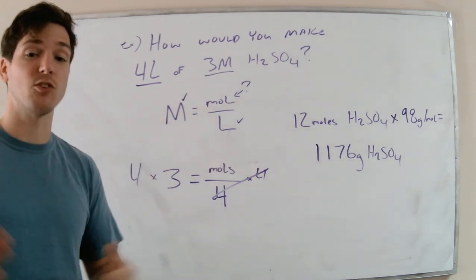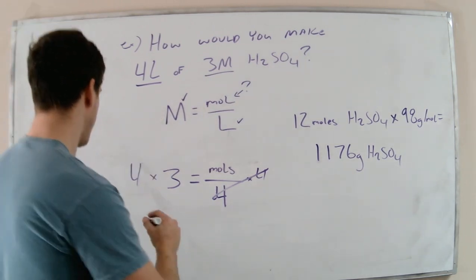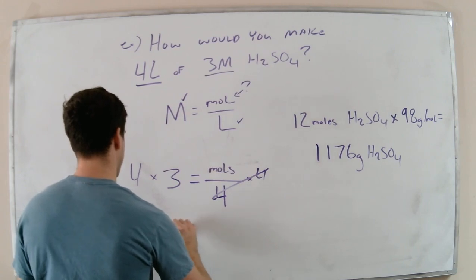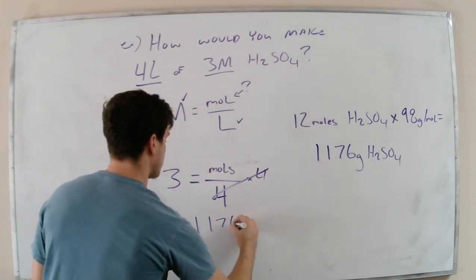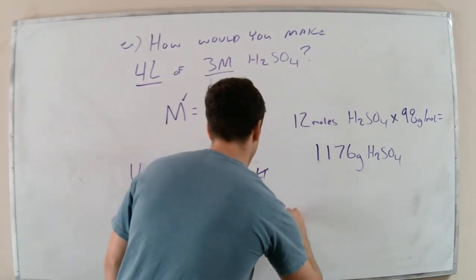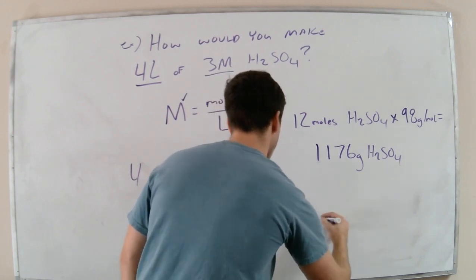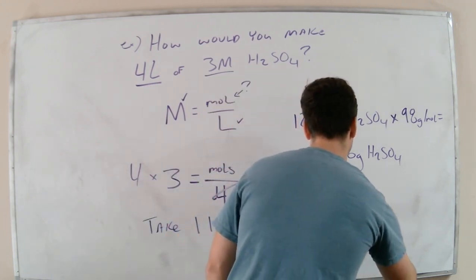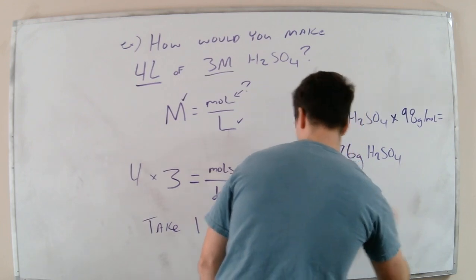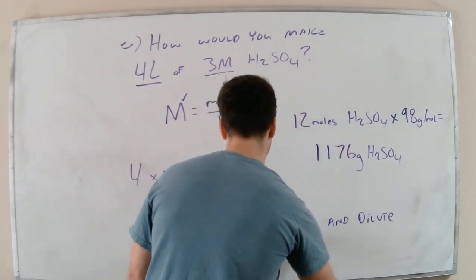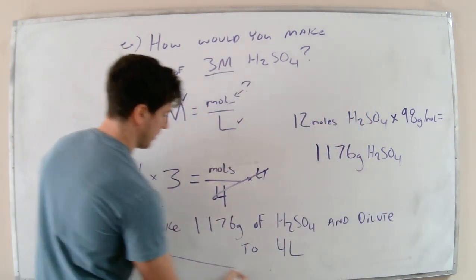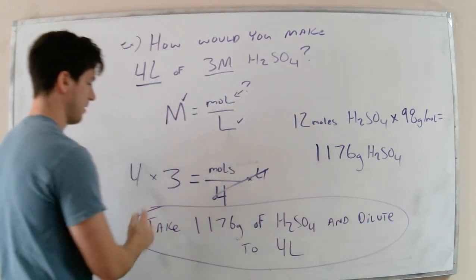So when I ask you how am I going to make the solution, you're going to say, take 1,176 grams of sulfuric acid and dilute to 4 liters, right?